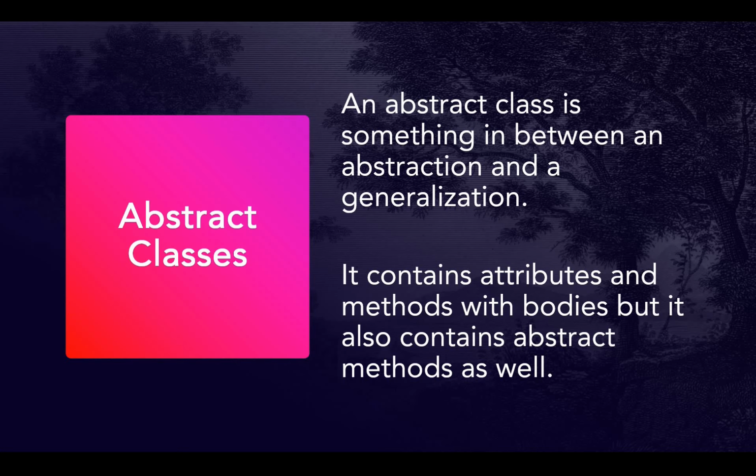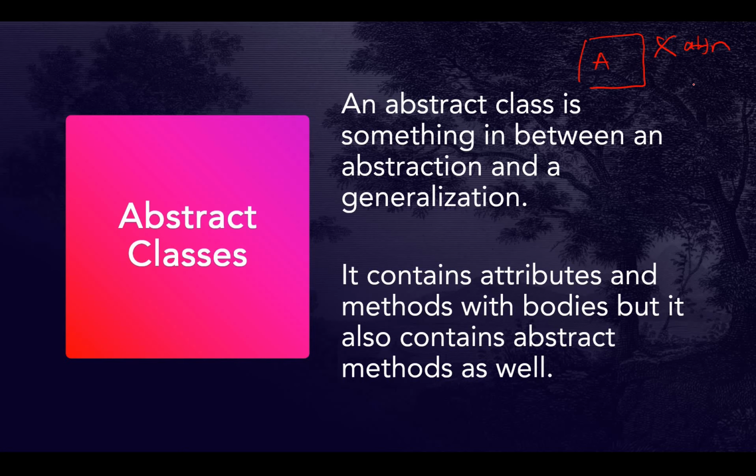Moving on to the third type-based relationship. This is the abstract class. An abstract class is something in between an abstraction and a generalization. It contains attributes and methods with bodies, but it also contains abstract methods as well. If you remember, an abstraction does not contain attributes.